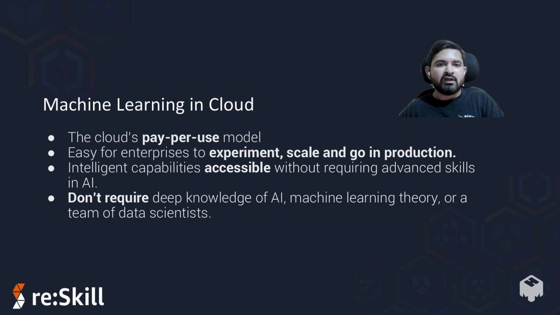Whatever your billing is, it comes according to however and whatever you use your resources. So that's very beneficial for small organizations who want to experiment with the whole process, and who want to use machine learning or AI as a commodity for some particular niche application they have. And it is easy for enterprises to experiment, scale, and go into production.